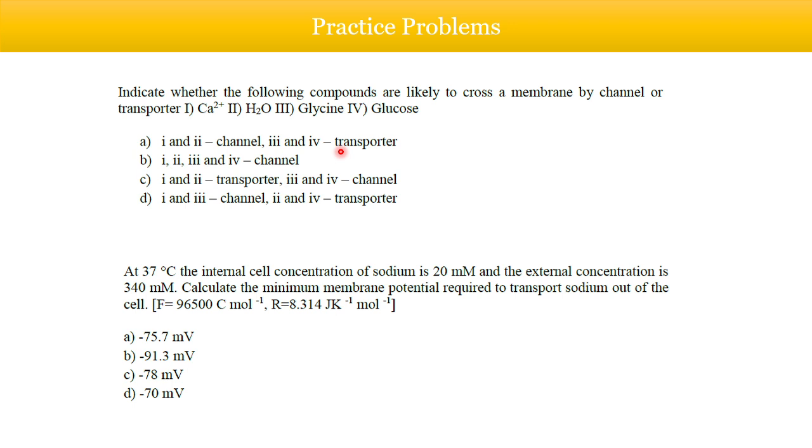The next one says indicate whether the following compounds are likely to cross a membrane by channel or transporter. So whether they will cross through the channel or the transporter: calcium, water, glycine and glucose.